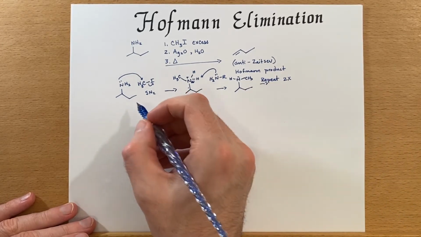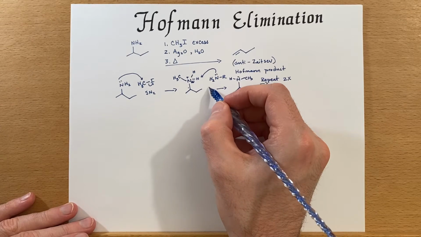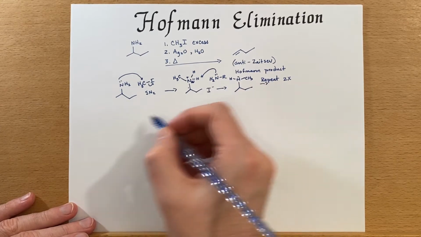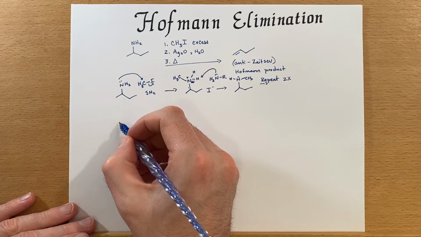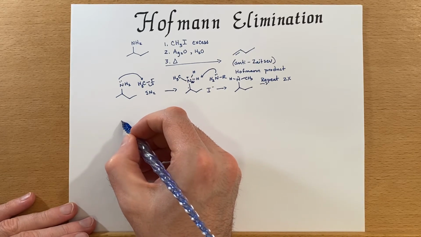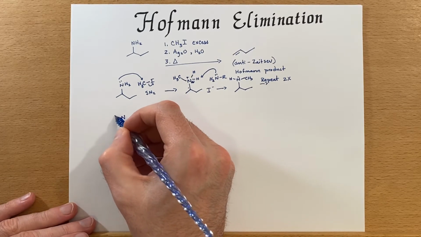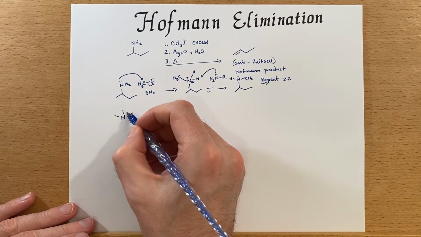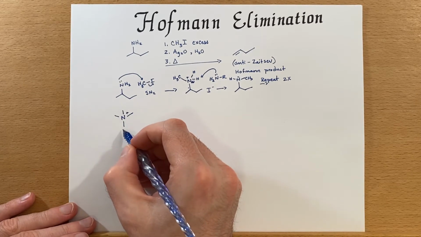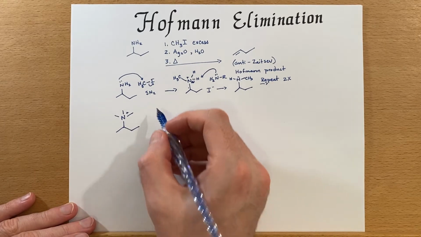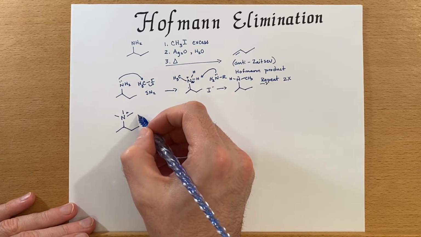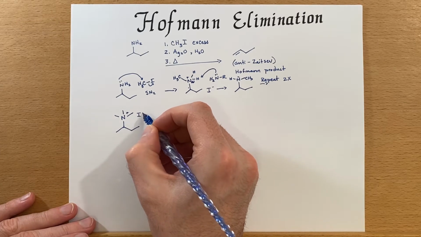And of course we've got some iodine hanging around here somewhere. We'll repeat it a couple more times, and we're going to get the fully alkylated nitrogen. It's going to have a plus charge on it. And then we'll have our iodide here.